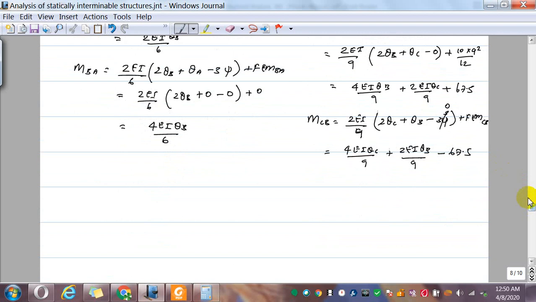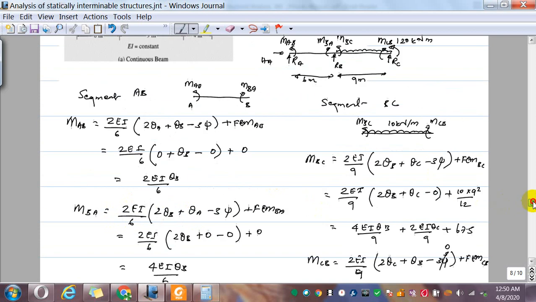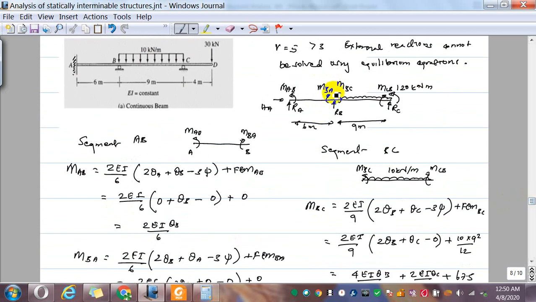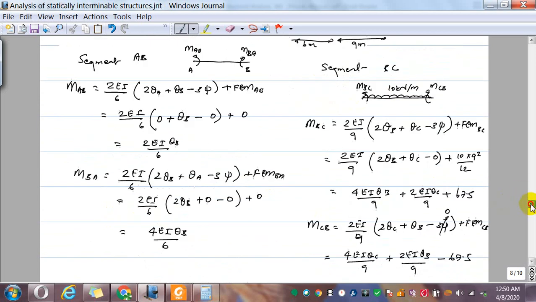So if we consider the equilibrium conditions, MBA plus MBC is equal to 0. So MBA, this portion, plus MBC is equal to 0.